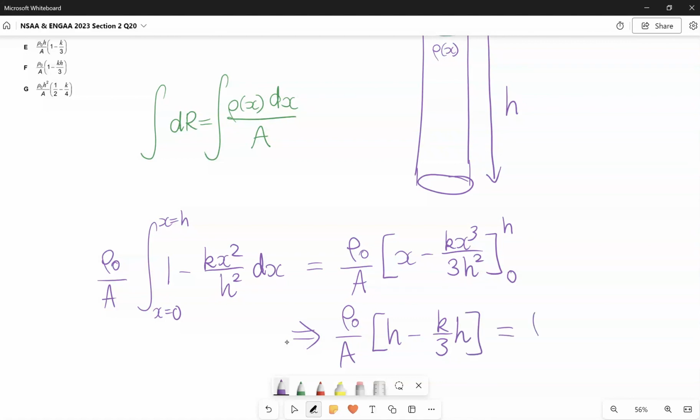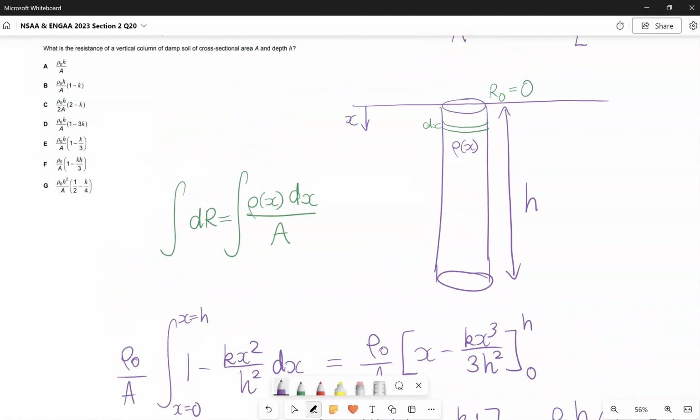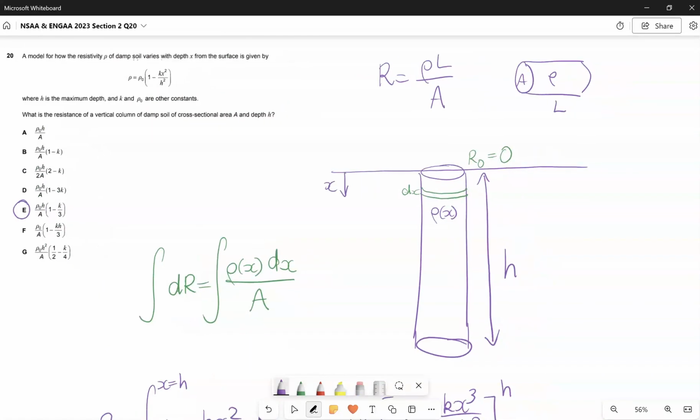So this equals rho naught h over A, times 1 minus k over 3. Let's see if that is in the same form as one of the answers. Rho naught h over A, 1 minus k over 3. Well, it actually is. It's answer E.